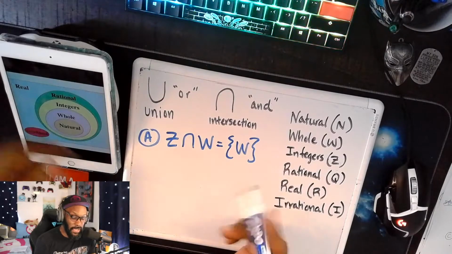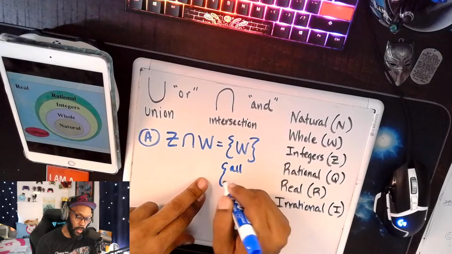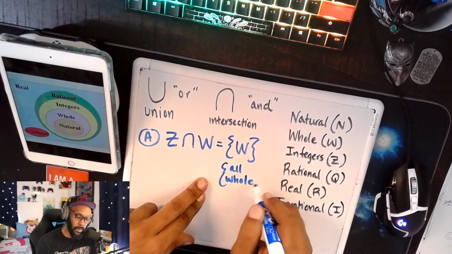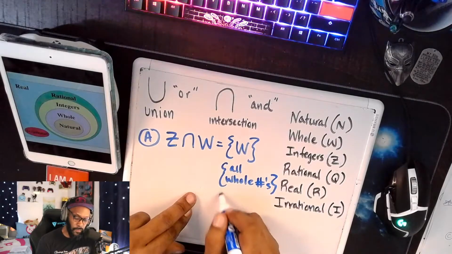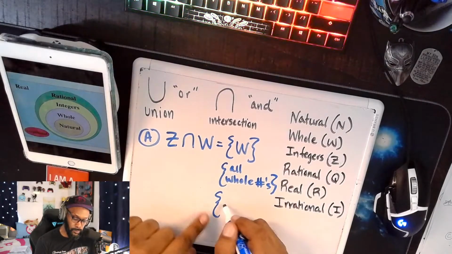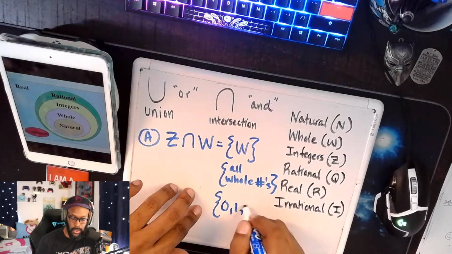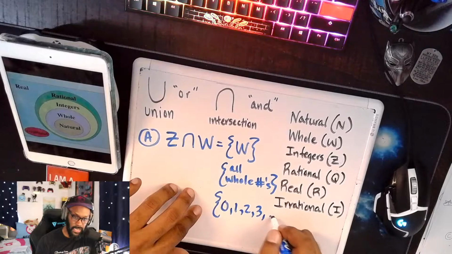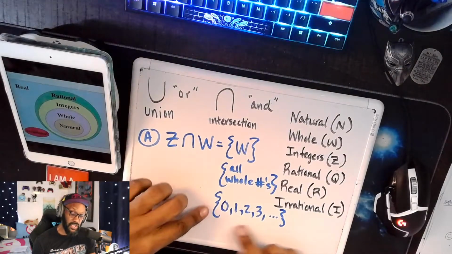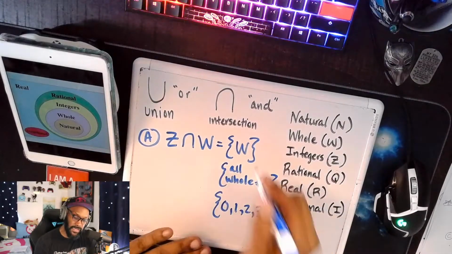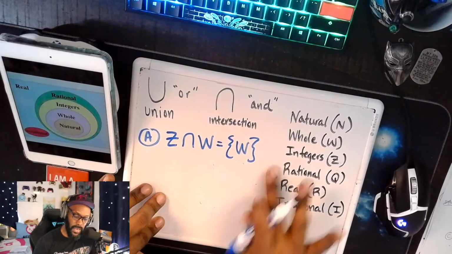If you wrote something like this, or I would accept all whole numbers, something like that. I've also seen a few of you start to write out the whole numbers like 0, 1, 2, 3, and then give me a dot here. All of these answers are totally fine. Let's try another one.